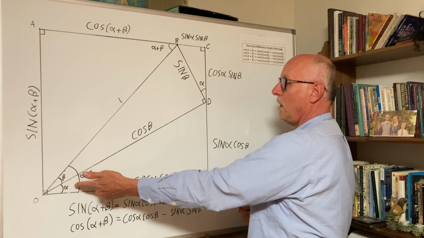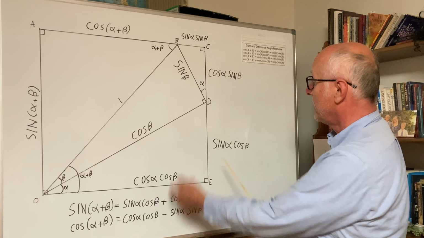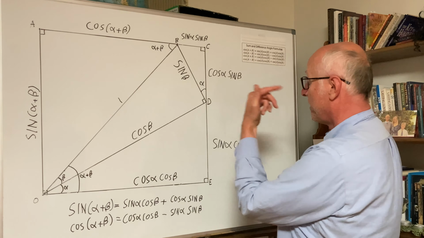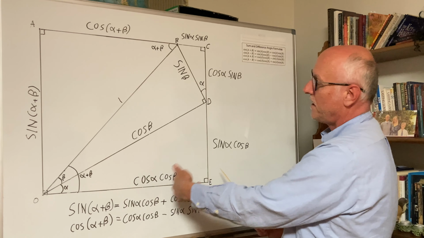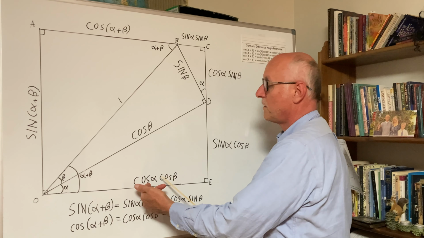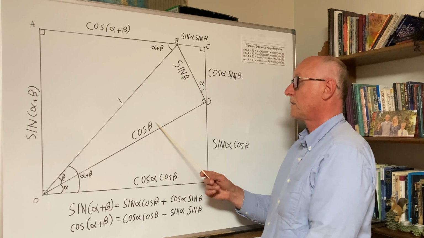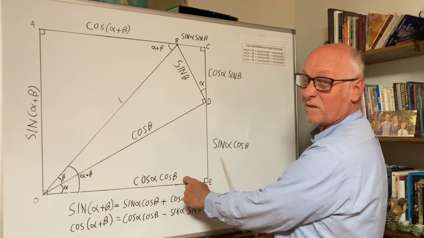This is angle alpha, and we have a hypotenuse of cosine beta. Therefore, the opposite is sine of alpha times the hypotenuse cosine beta. And the adjacent is, again, cosine of alpha times its hypotenuse, which is cosine beta.